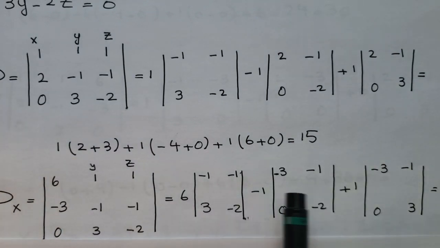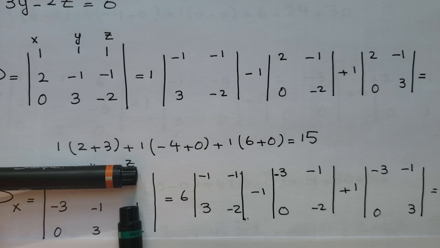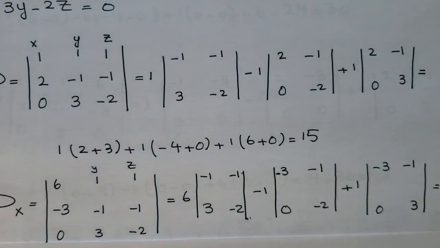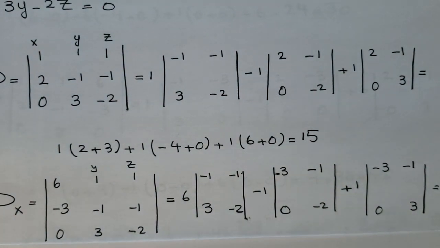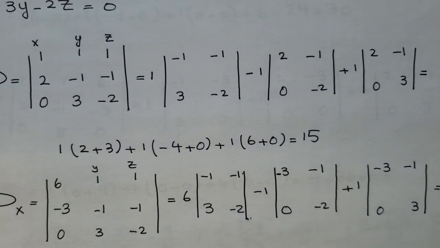And then the third one would be +1. Let's see, -3, -1, 0, and 3. So here, after this step, you have to once more calculate the values. And then if you do all the calculations, you will find out that the dx would be equal to 15.